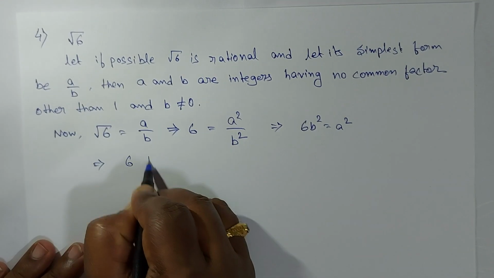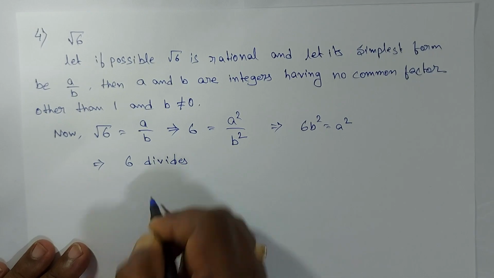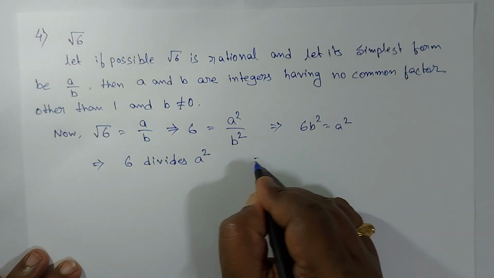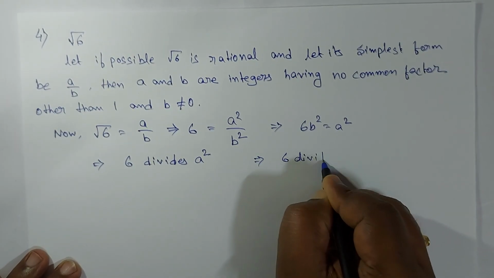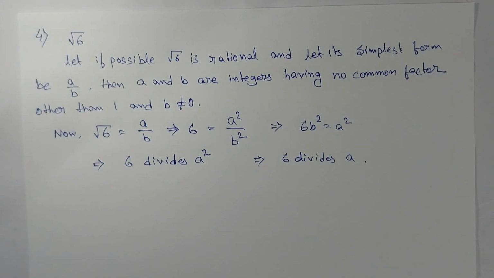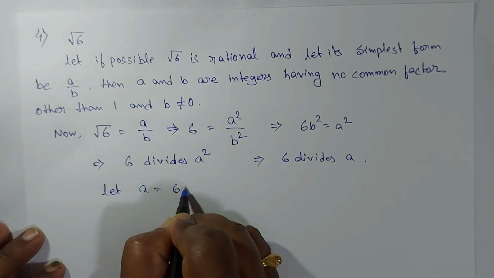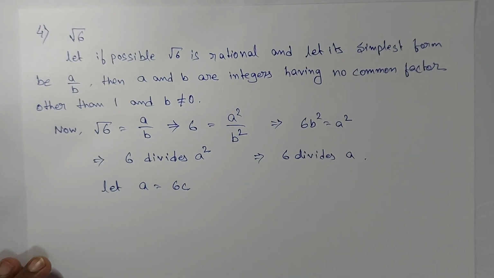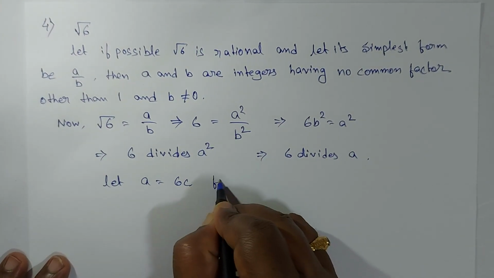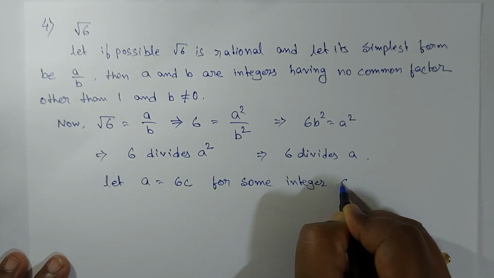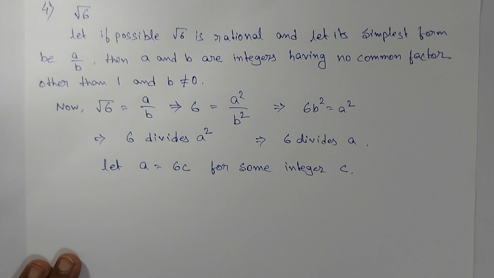This implies that 6 divides a square, which implies that 6 divides a. Now let a be equal to 6c for some integer c.